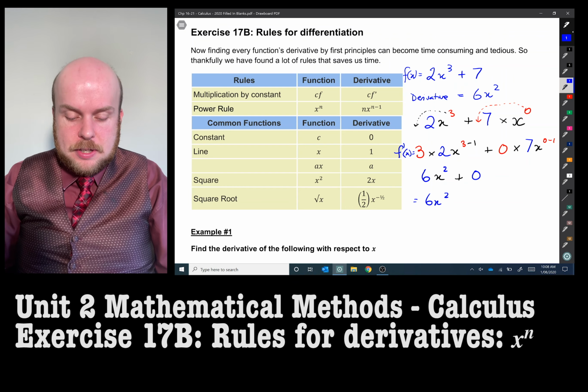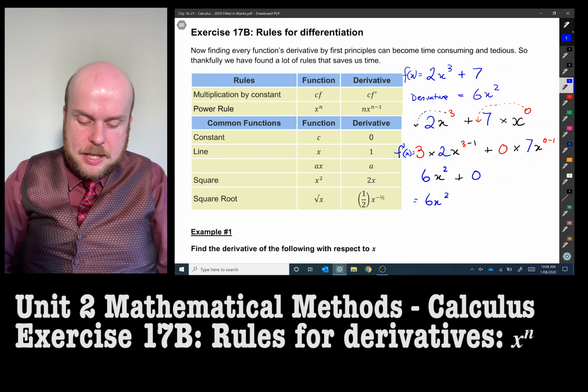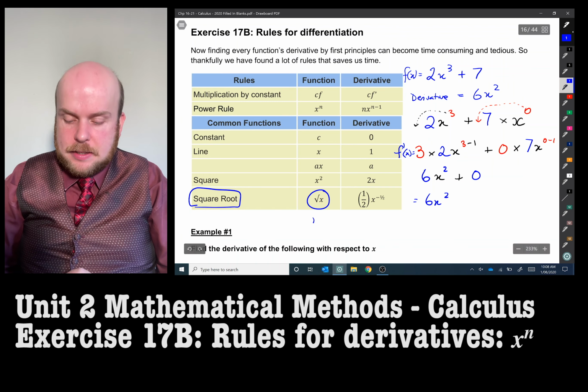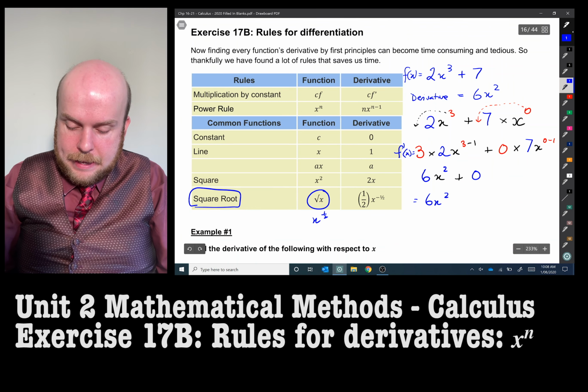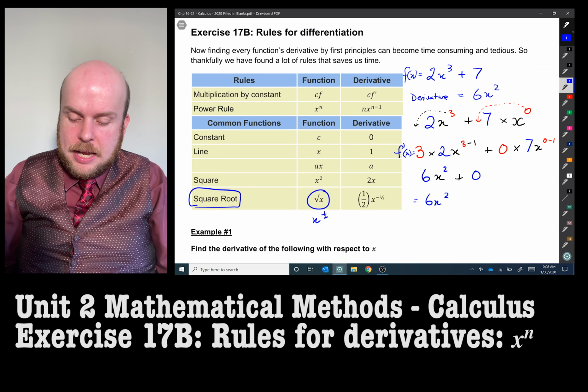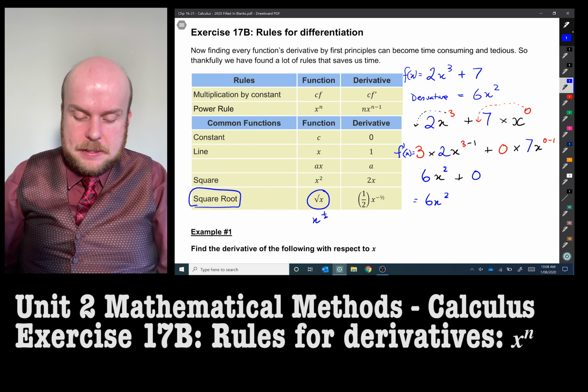So here I've got just some shorthand rules to remember. One thing that is very useful, I think, is just making sure you remember that a square root is equal to the power of a half. That's very, very useful there. But otherwise, all the others should be, as you can see. So any constant, just a plain ordinary number, disappears.